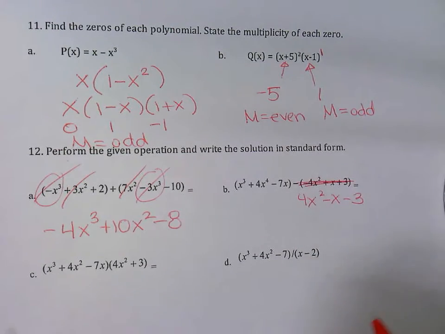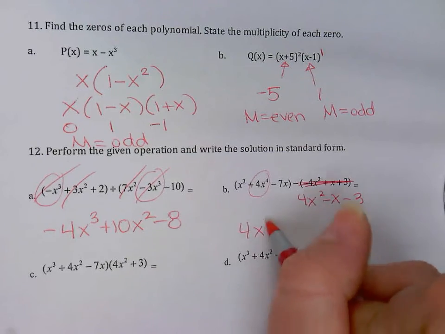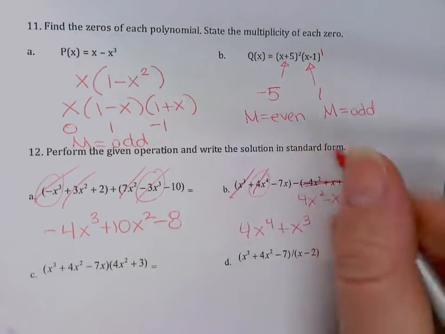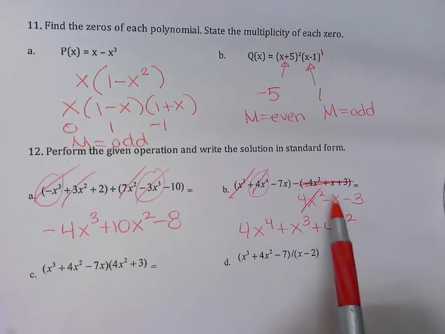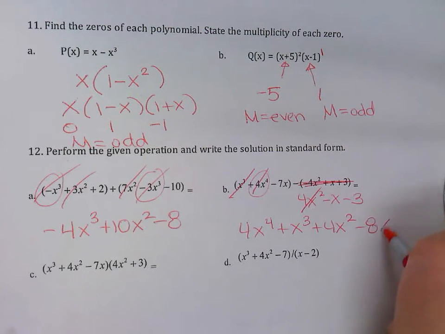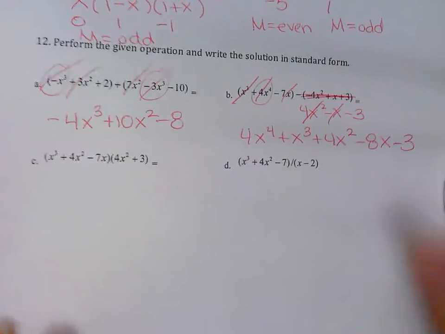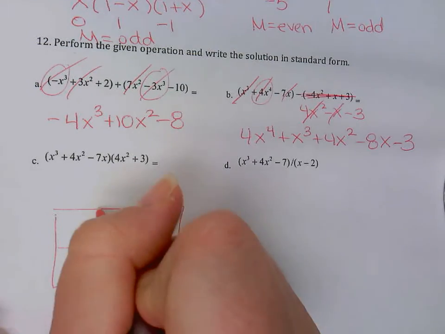And now I can combine my like terms. So it looks like 4x to the fourth would come first, then x cubed, then 4x squared, and then I have a negative 7x and a negative x, so negative 8x, and then minus 3. In part C, this is multiplication, and to stay organized, I like to use the box method for multiplication.